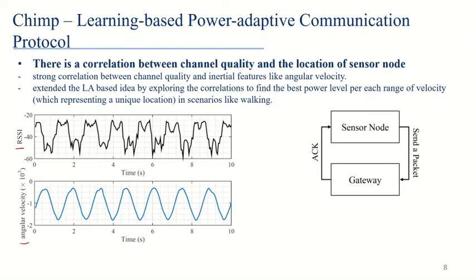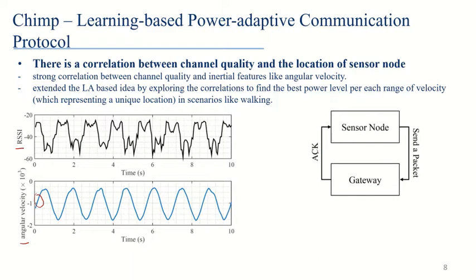Then we developed a lightweight reinforcement learning algorithm. This algorithm enables the sensor node to estimate the channel through locally measured angular velocity. For example, if there is a packet to be transmitted, the sensor node first measures the current, real-time angular velocity, and then among the transmit power levels it has, it randomly chooses one of them and transmits its packet.